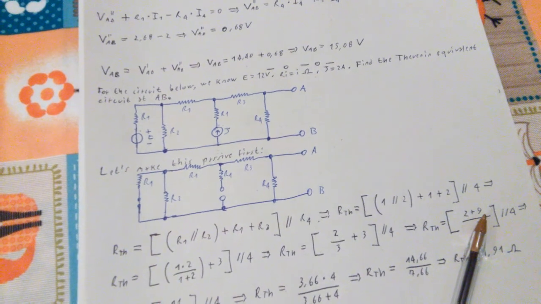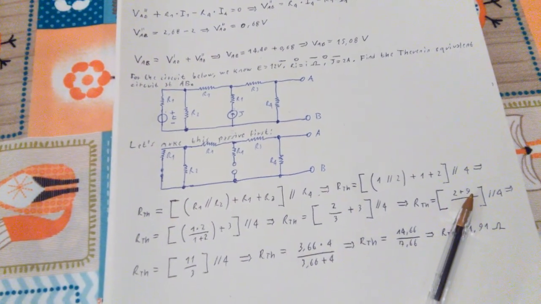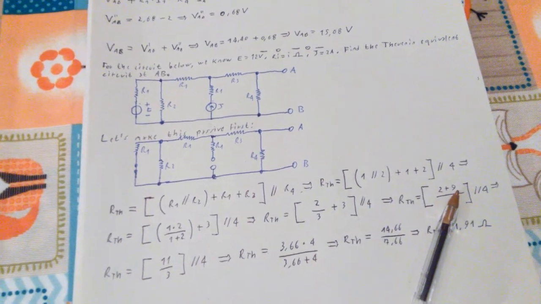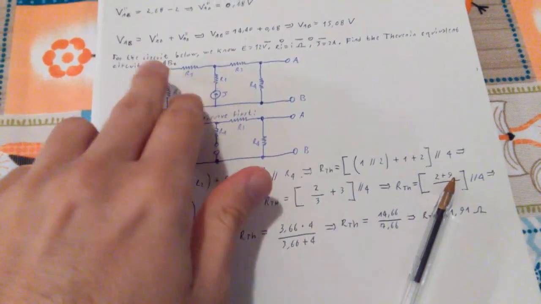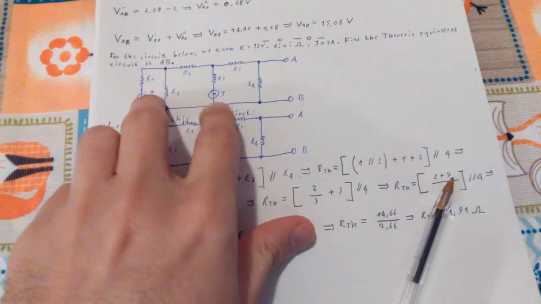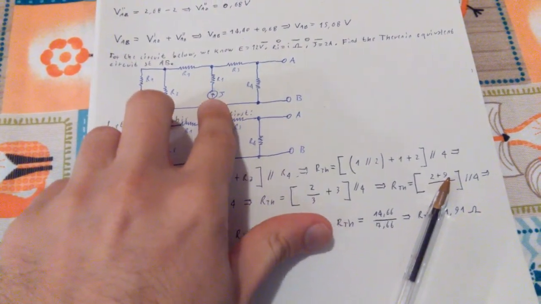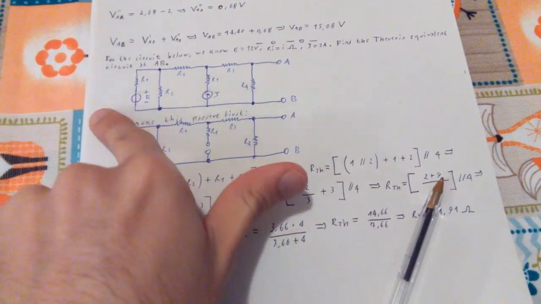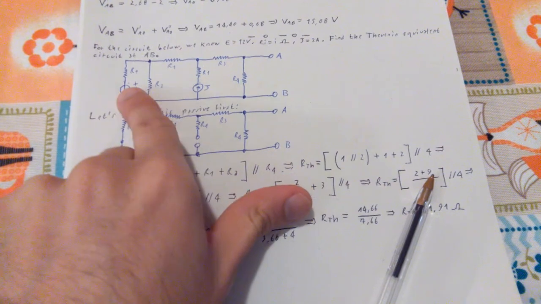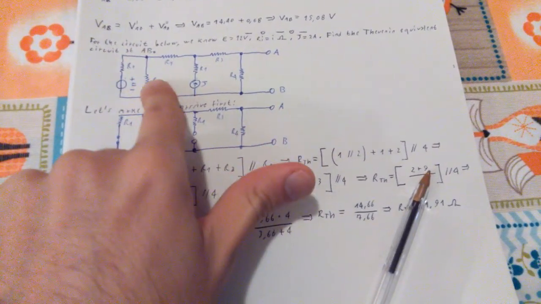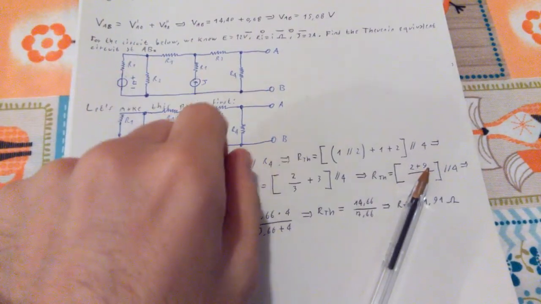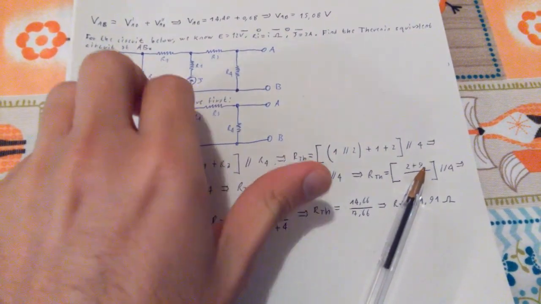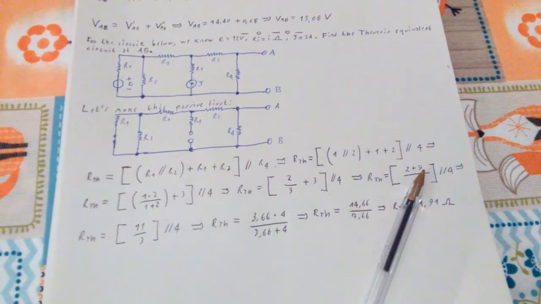I'm going to use the superposition of effects now, which is basically going to let me consider those two generators individually, the generator of current and the generator of voltage, and then sum the effects to get the total result, the total effect of those two combined.